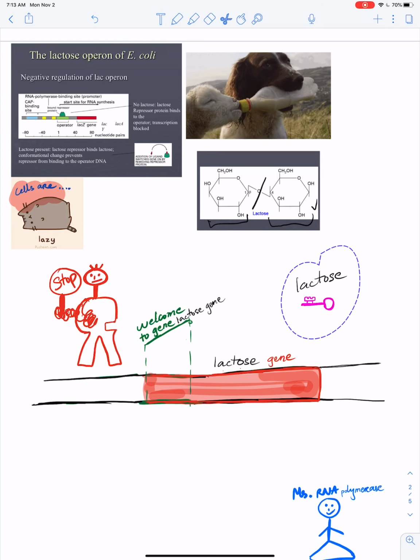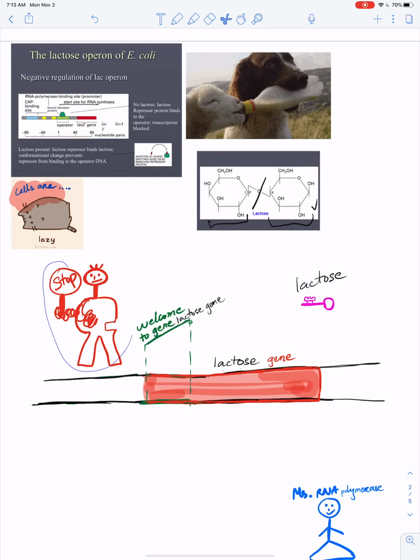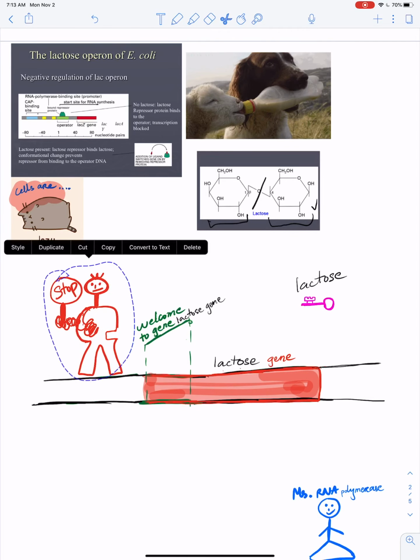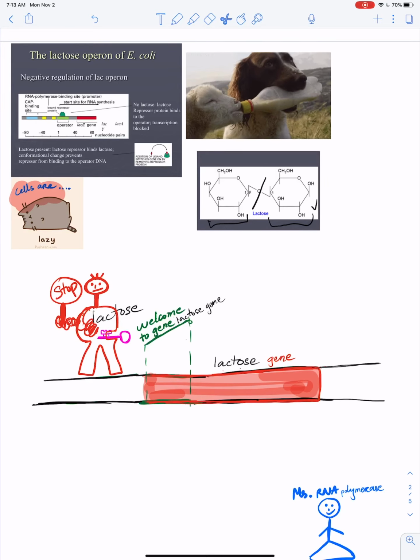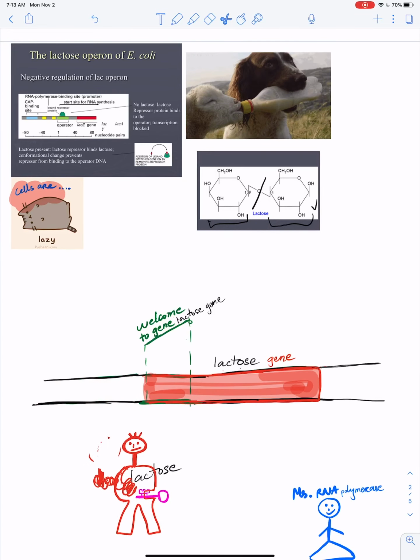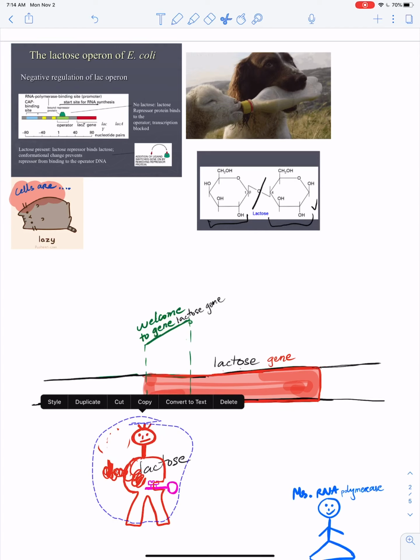So if our body has lactose, the lactose is going to link with Mr. Repressor, and that makes Mr. Repressor leave and not stand in front of the doorway anymore because of the presence of the lactose.